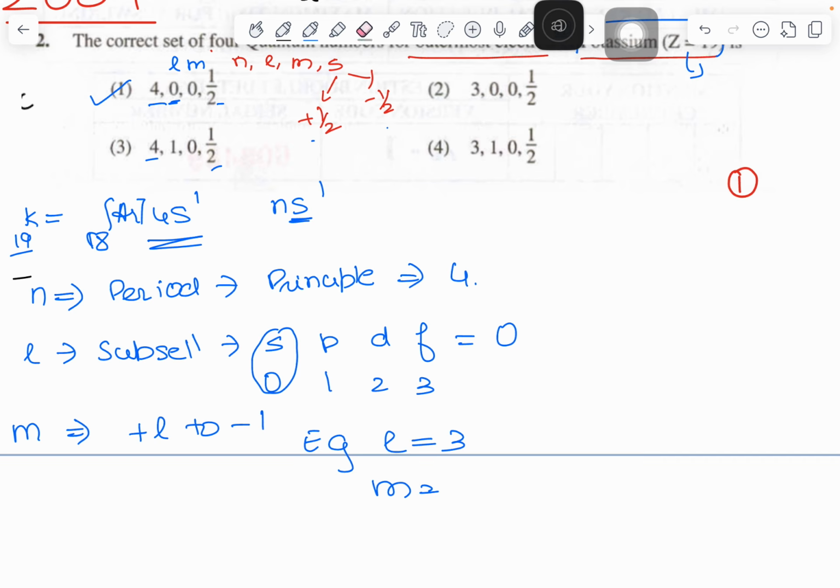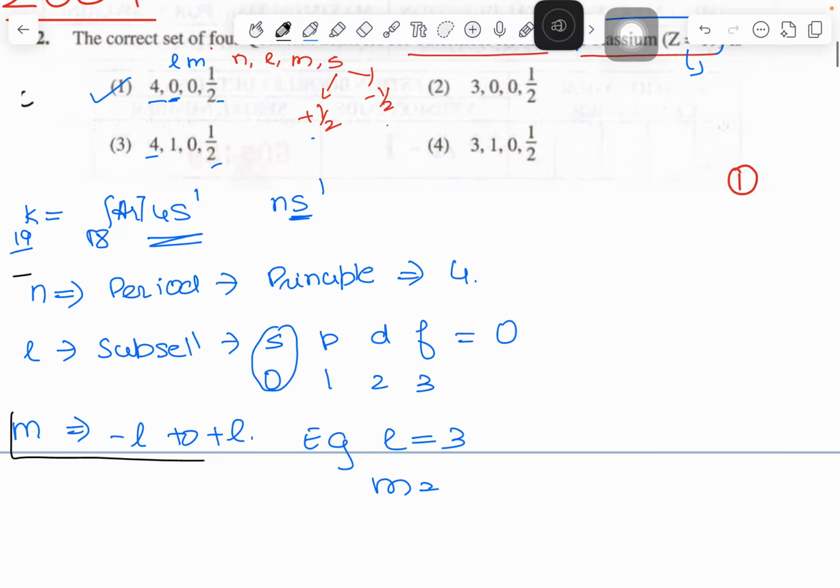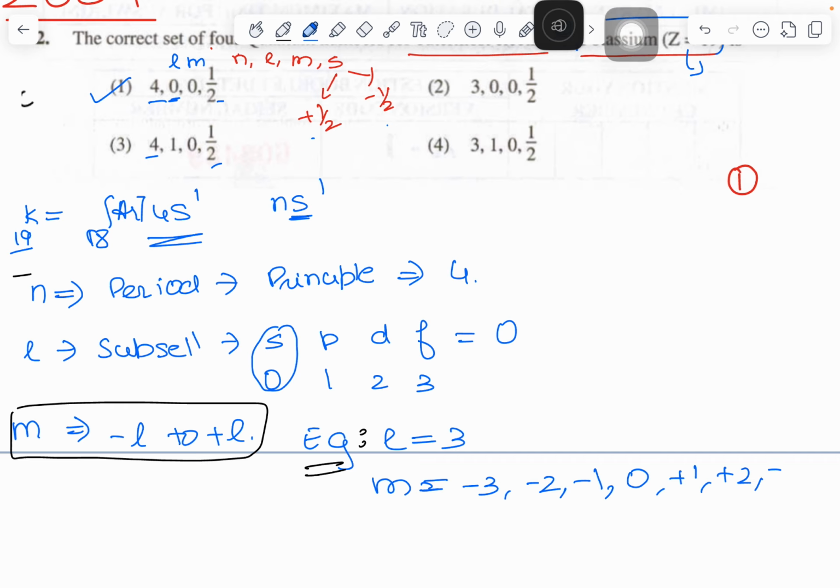The M value is minus L to plus L. Sorry, I have made a mistake, students. Let's take an example. If L is equal to 3, the M values are minus 3, minus 2, minus 1, 0, plus 1, plus 2 and plus 3. So here in this question, L value is 0 and N value is 4. So the M value will automatically be 0. So M is also 0.